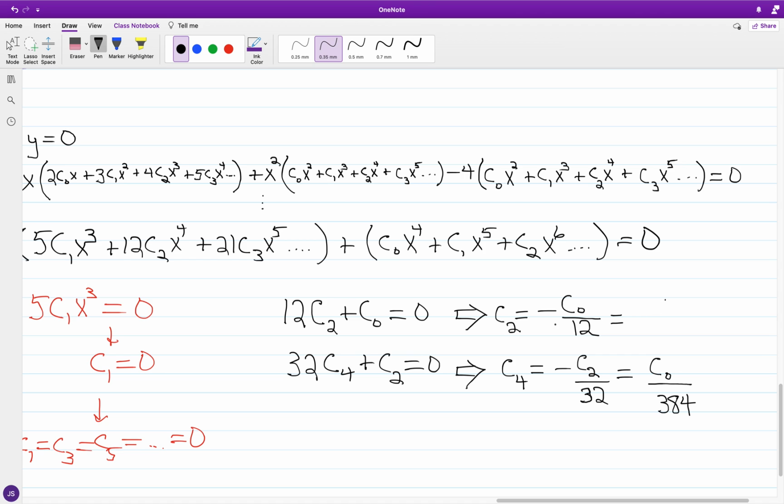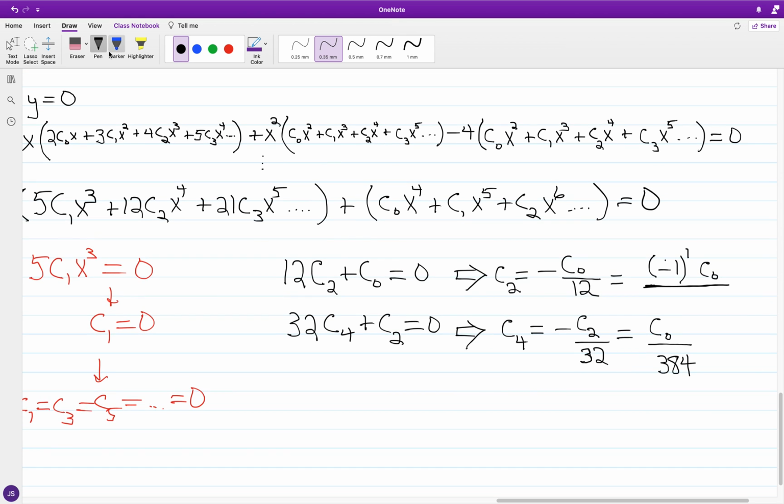So for c of 2 in terms of c naught, you've got negative 1 to the 1st, c naught. Now I want to maintain a balance, working with base 2 and also with factorials of natural numbers.